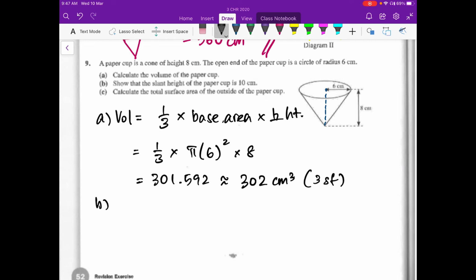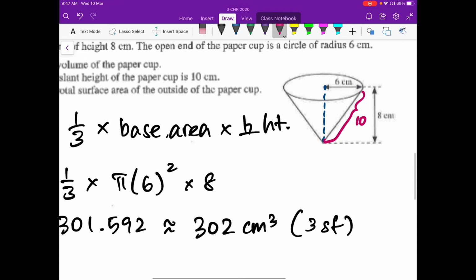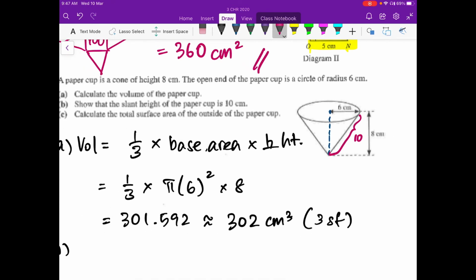They are asking you to confirm that this part is 10. How to confirm that that is 10? So I help you out with this dotted blue line, which we know the value is 8 from the question. It has the value of 8. And this forms a right angle triangle.